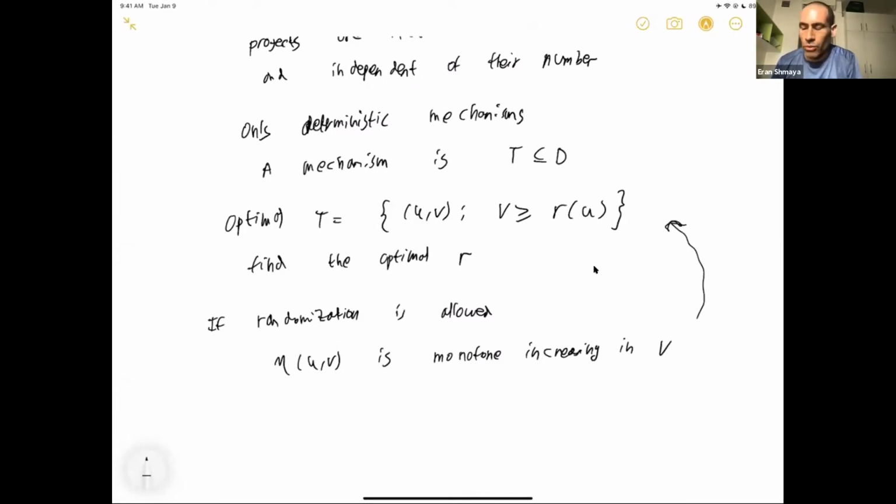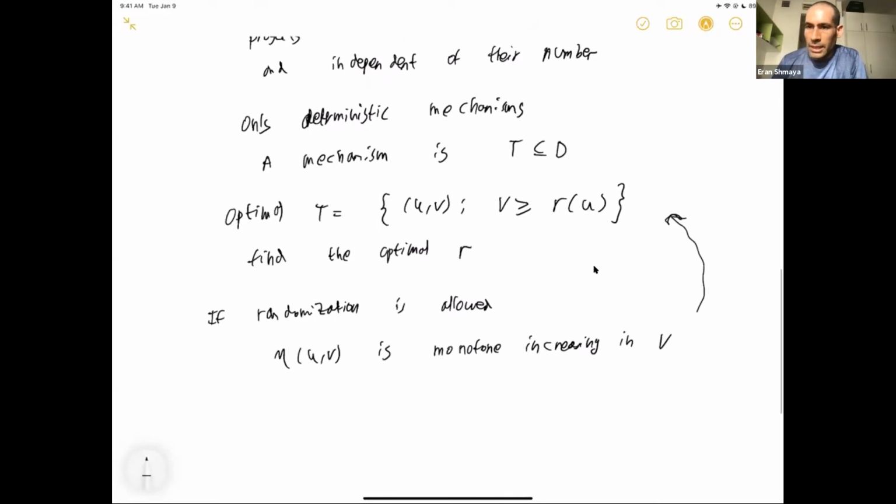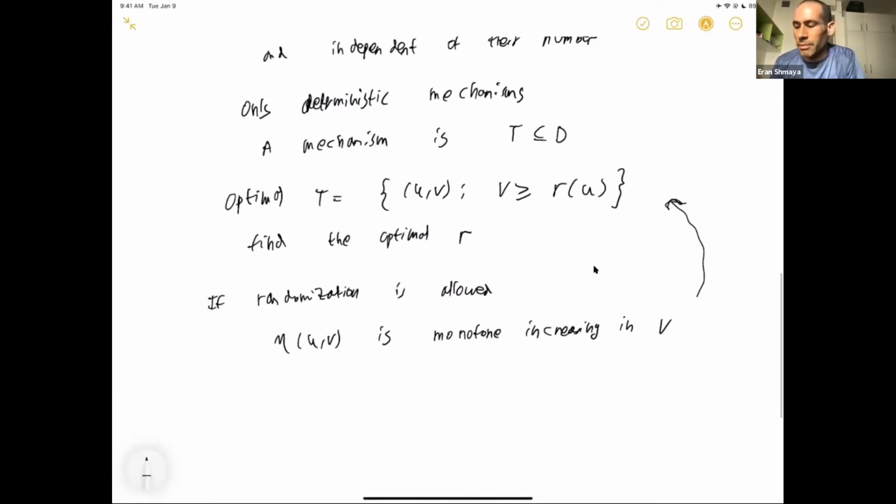It's a function of 2 variables. So this is the state of the art, I think, for the case of Bayesian mechanism.